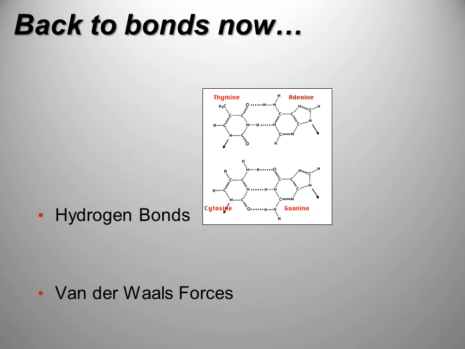They involve partial charges, so a partial negative charge here and a partial positive charge here. That's why the line between these two molecules is dotted. Hydrogen bonds usually involve an oxygen or perhaps a nitrogen. It's very important in DNA structure, but it's also very, very important in protein structure.